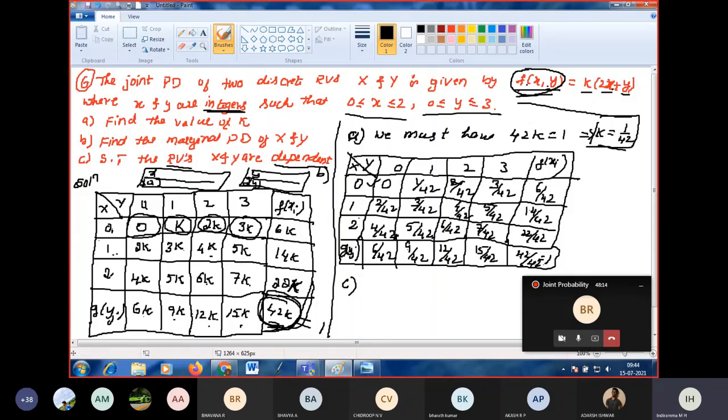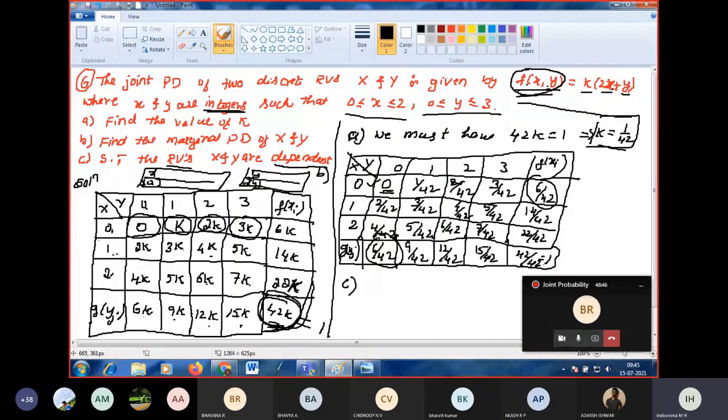In the table, if you want to check whether x and y are independent, how to check? If x and y are independent, this cell value should be equal to the product of 6 by 42 and 6 by 42, correct?